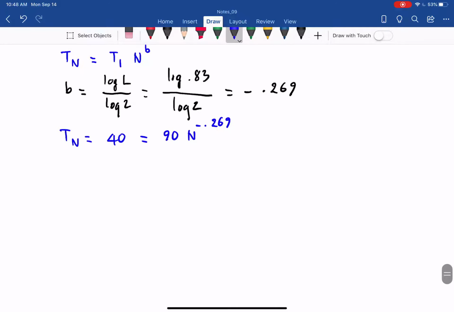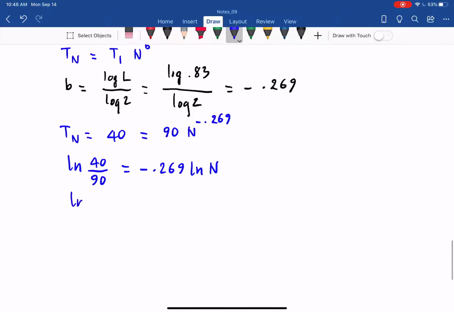So we can take the log both ways. We have natural log of 40 over 90 equal to negative 0.269 log n, and from that we have log n equal to 3.01.